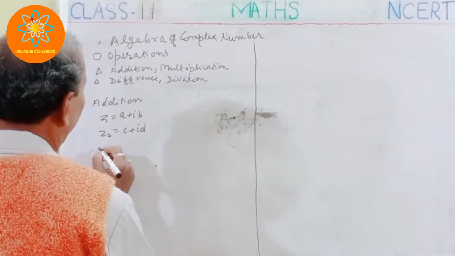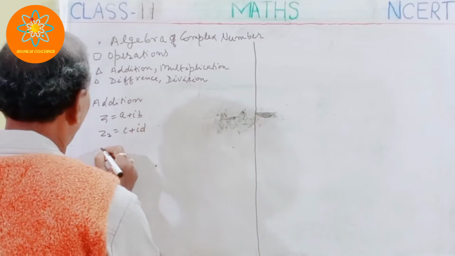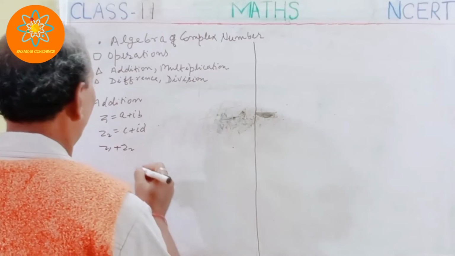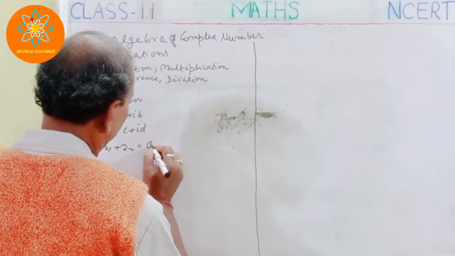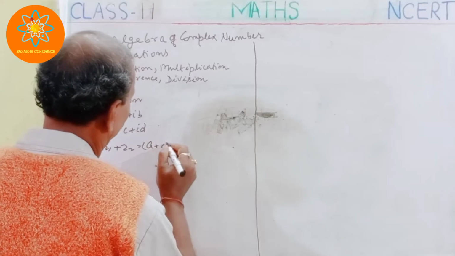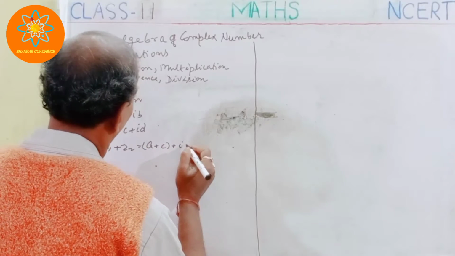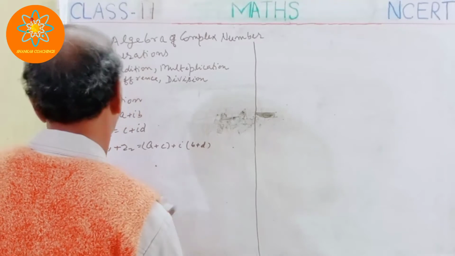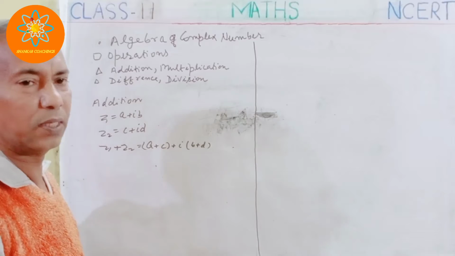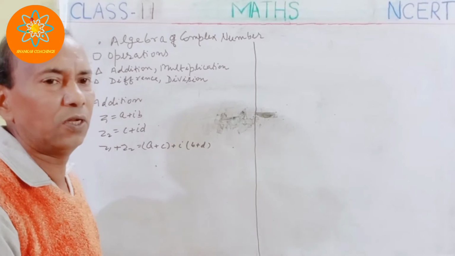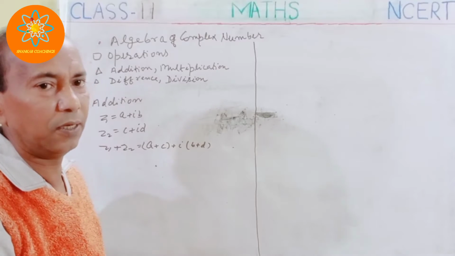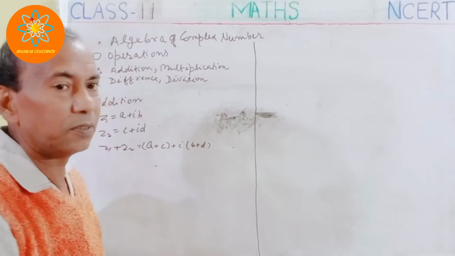Then z1 plus z2 is equal to a plus c, iota is common, b plus d. So in this way, if two complex numbers z1 and z2 are given, then z1 plus z2 is nothing but (a plus c) plus iota (b plus d).